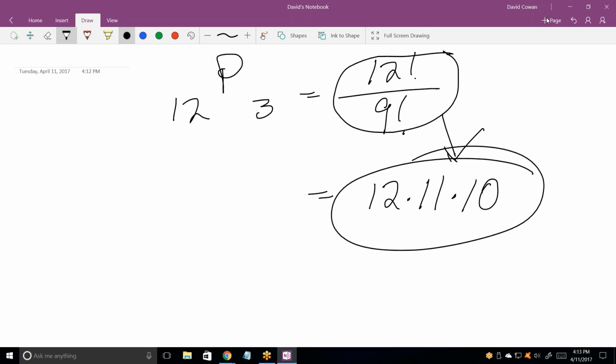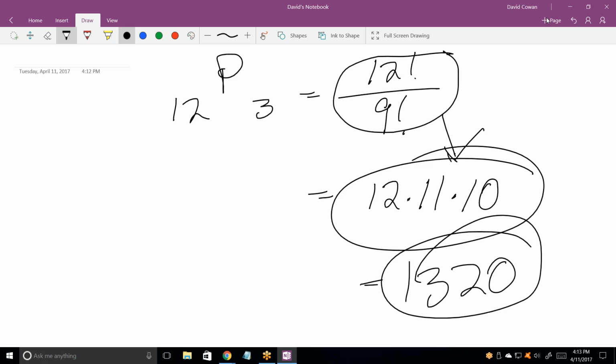So what you're left with is 12 times 11 times 10, whatever that number is. That's 1320. But like I said, I don't care what it is. It's a permutation problem, though, because this is choosing 12 skiers picking 3.